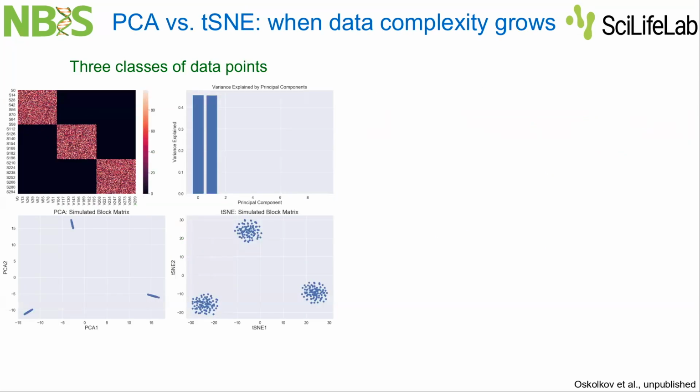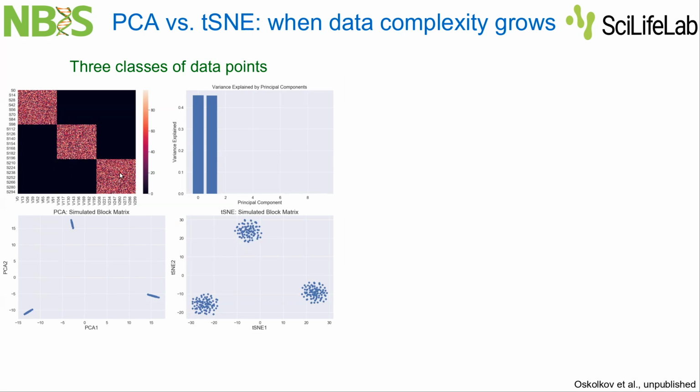And you can see it also here. What I'm showing here is basically a simulated data matrix with 3 populations. I'm simulating a gene expression matrix, and there are some marker genes that are expressed in some cell population and not expressed anywhere else.